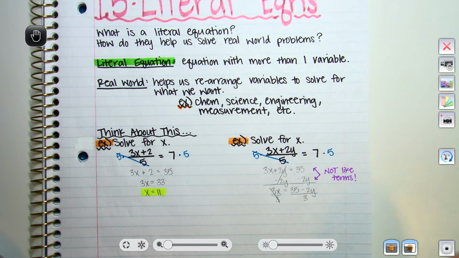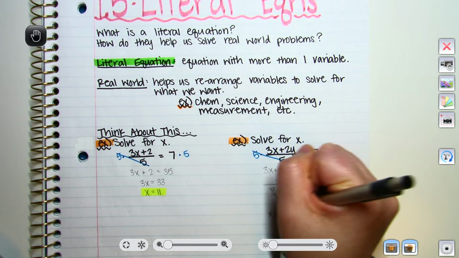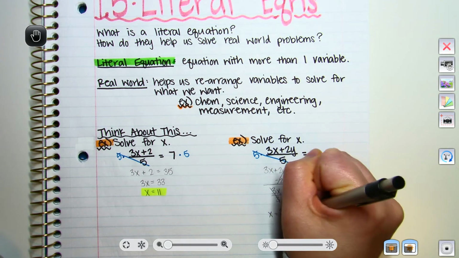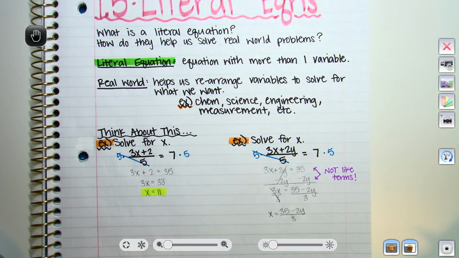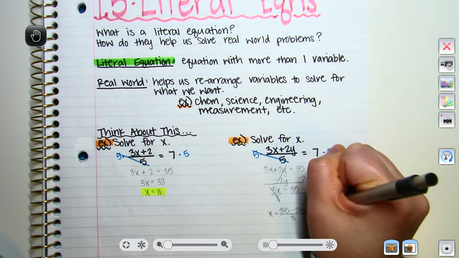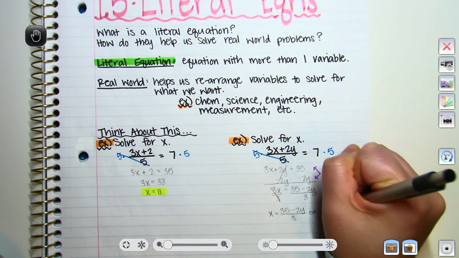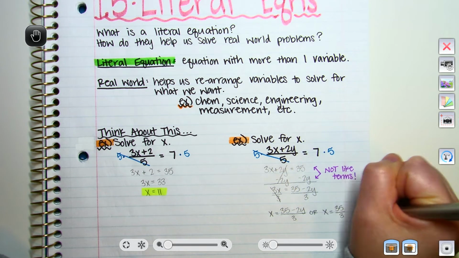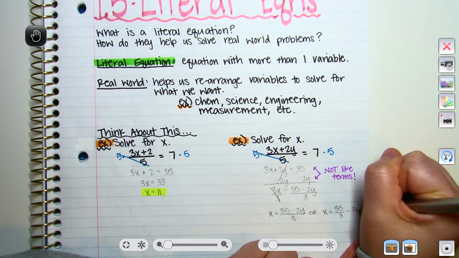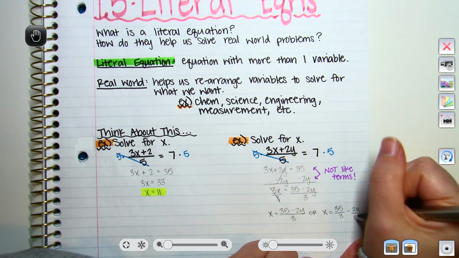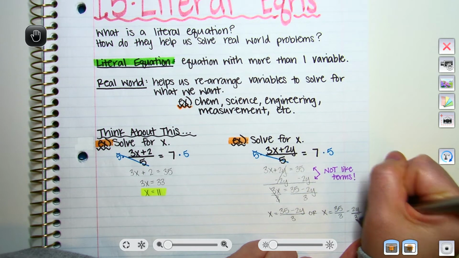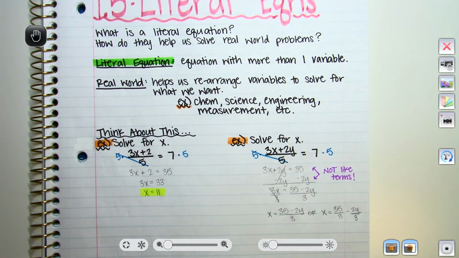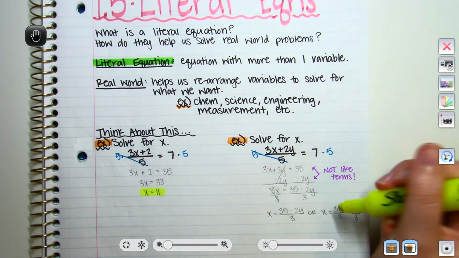Now I can either write my answer as x equals 35 minus 2y over 3, or I can separate that out and write it as two separate fractions, as 35 divided by 3 minus 2y divided by 3. So whichever way you prefer to write it is fine.